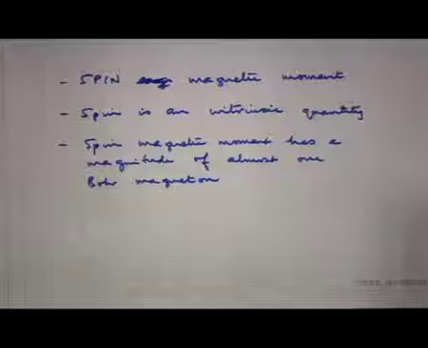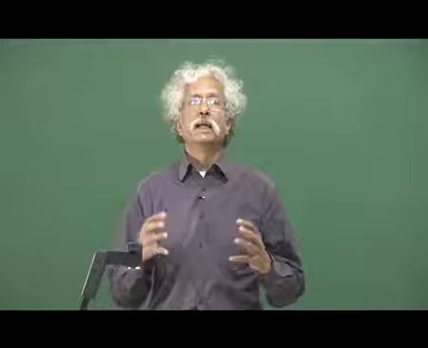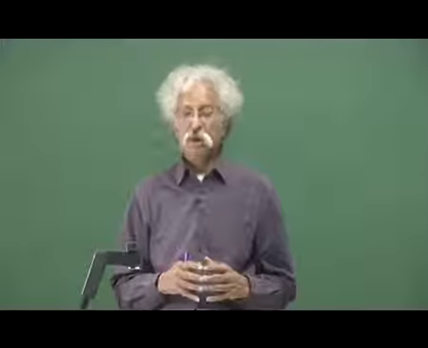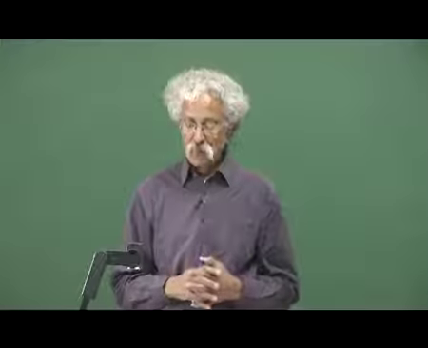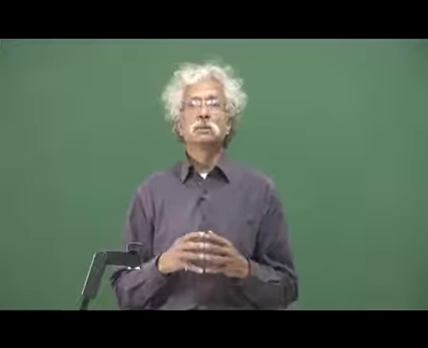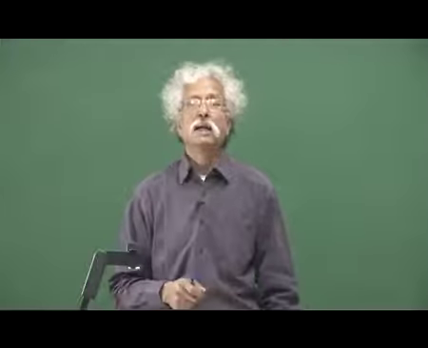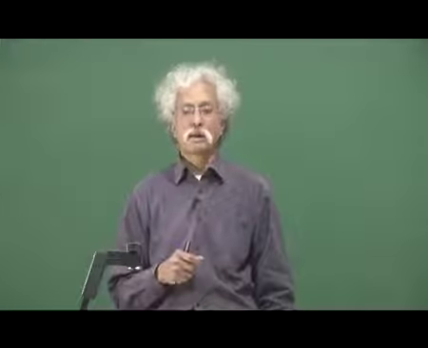So, in an atom you have electrons which are orbiting the nucleus. We associate a magnetic moment with the orbital motion called the orbital magnetic moment. Each of the electrons is characterized by a spin, an intrinsic quantity called spin, and along with the spin we associate another magnetic moment called the spin magnetic moment.